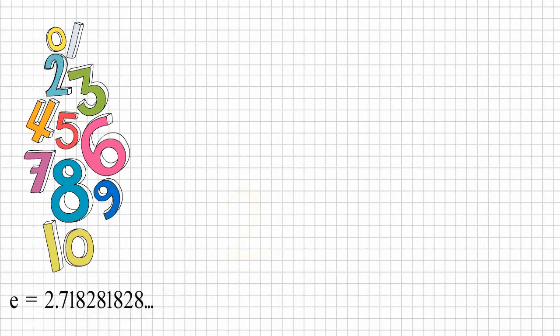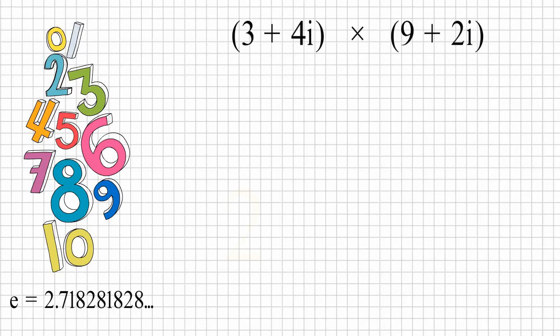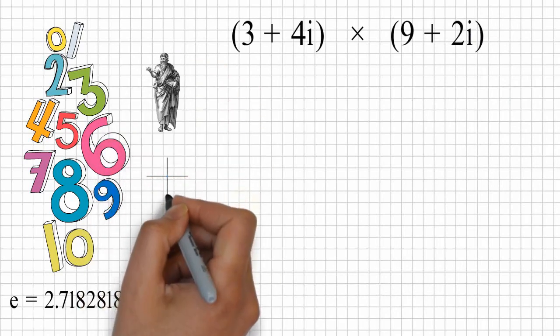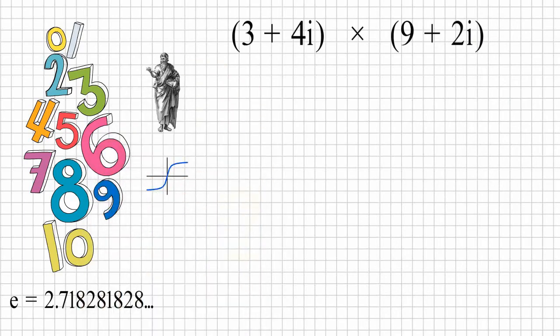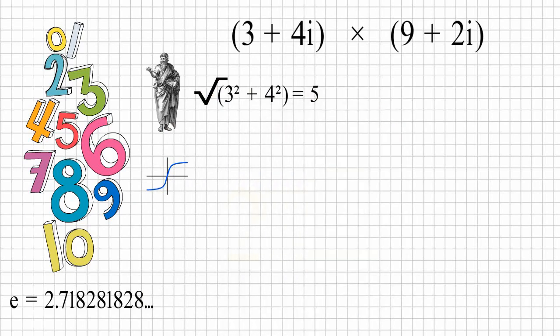So exactly the same method works for 3 plus 4i times 9 plus 2i if we write them out in exponential form. To do this, we use Pythagoras and the inverse tangent rule. So for 3 plus 4i, Pythagoras gives us the root of 3 squared plus 4 squared equals 5.